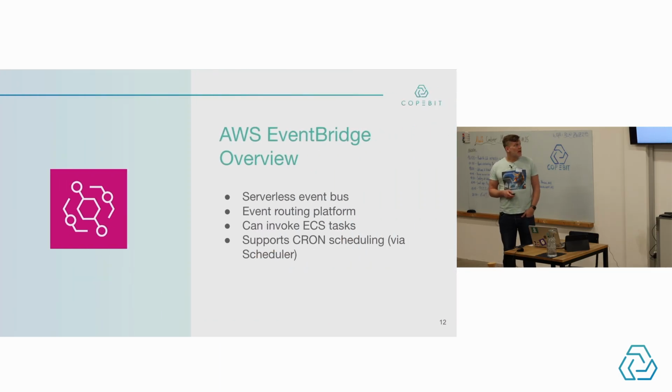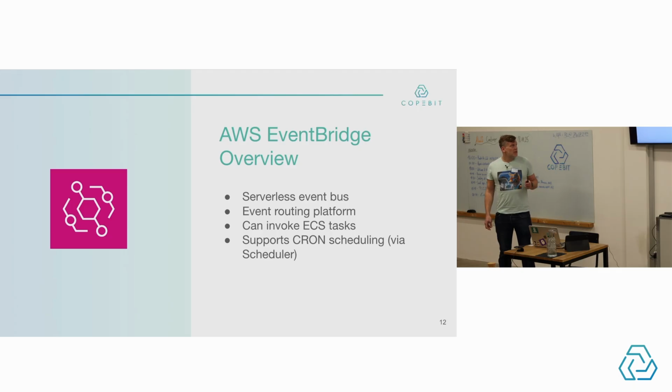Yes, and AWS EventBridge, I guess most of you know that. It's basically a serverless event bus that you can use for loads of communication between different services in AWS and routing events.